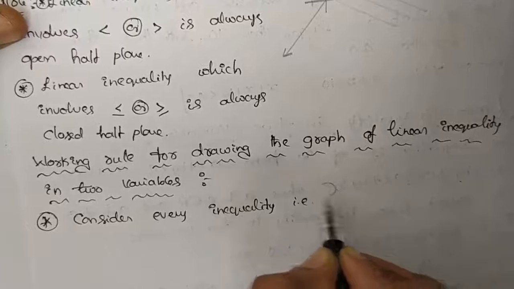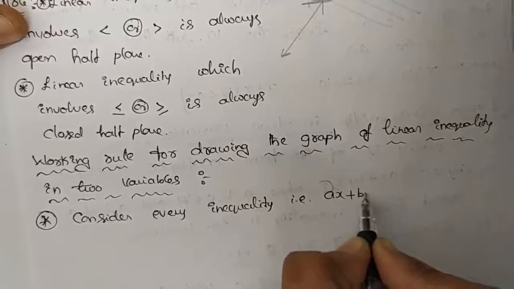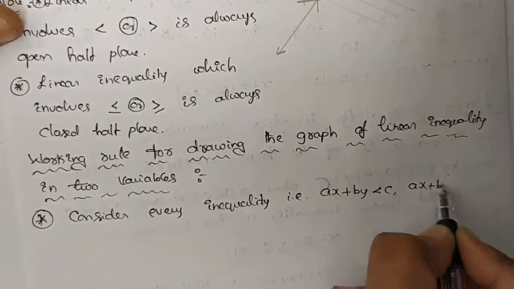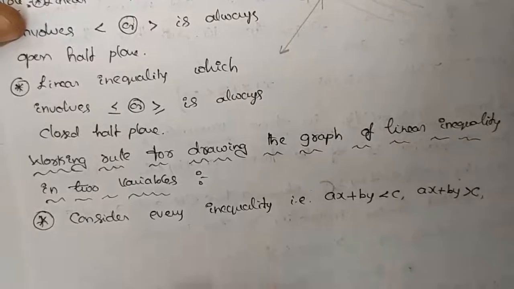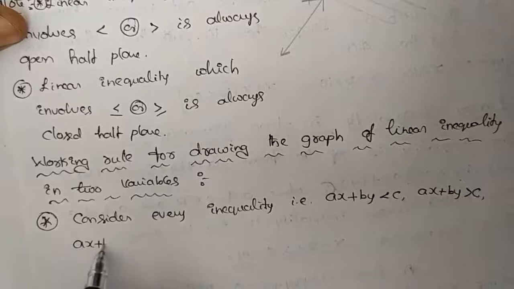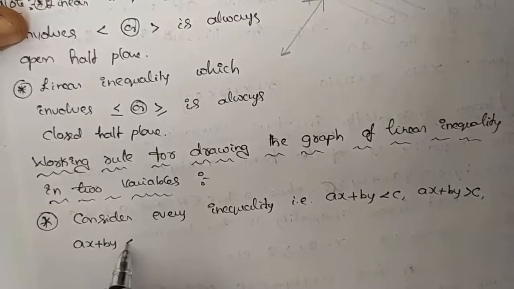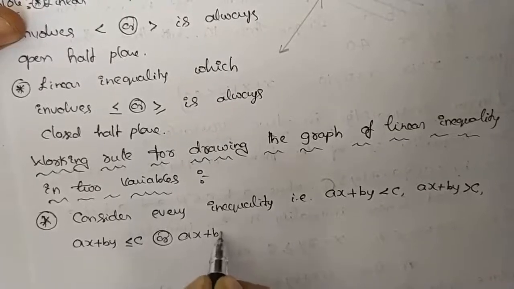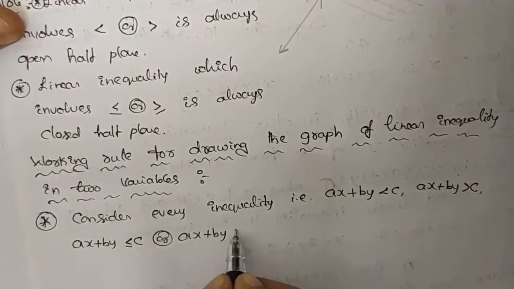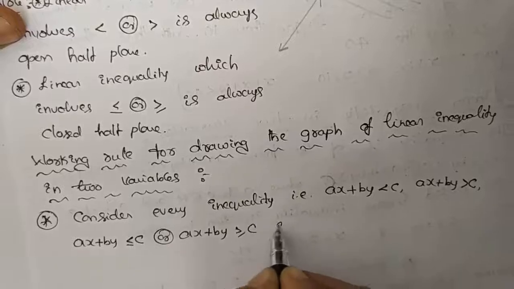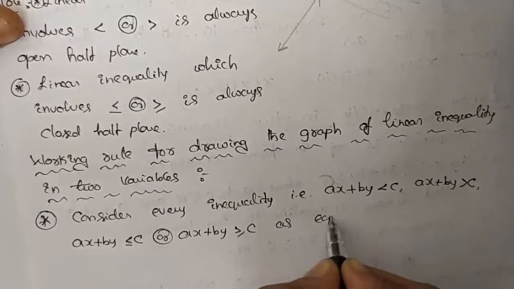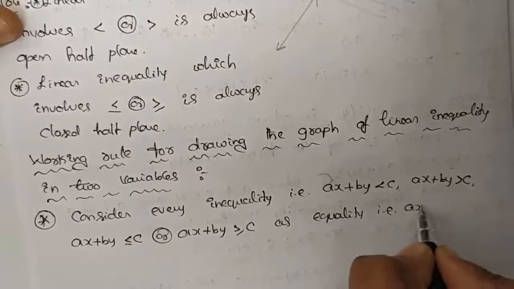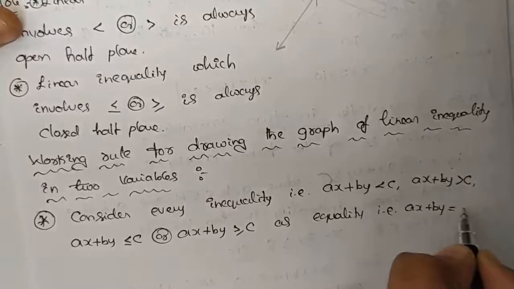That is, ax plus by is less than c, ax plus by is greater than c, ax plus by is less than or equal to c, or ax plus by is greater than or equal to c, as an equality, that is ax plus by equals c.